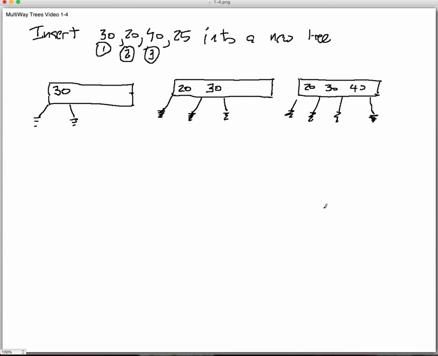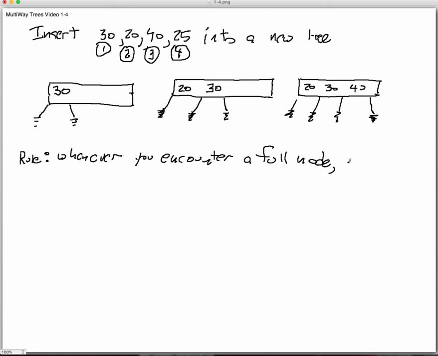Okay, so now here comes the big thing. I've got to insert this. And the rule is, whenever you encounter a full node, you must split it.